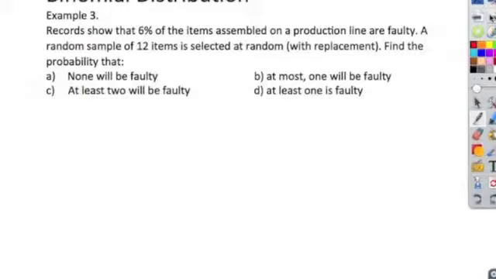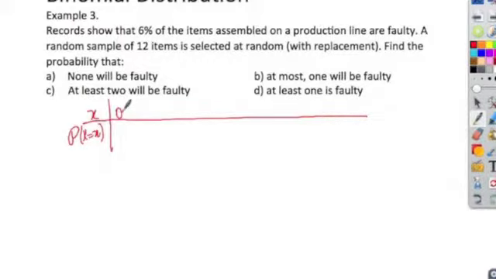So what we want to do is find the probability now that none will be faulty. All right. And again, the things that could happen here on taking your 12 items are your 12 trials now, right? And so things that could happen here are these.